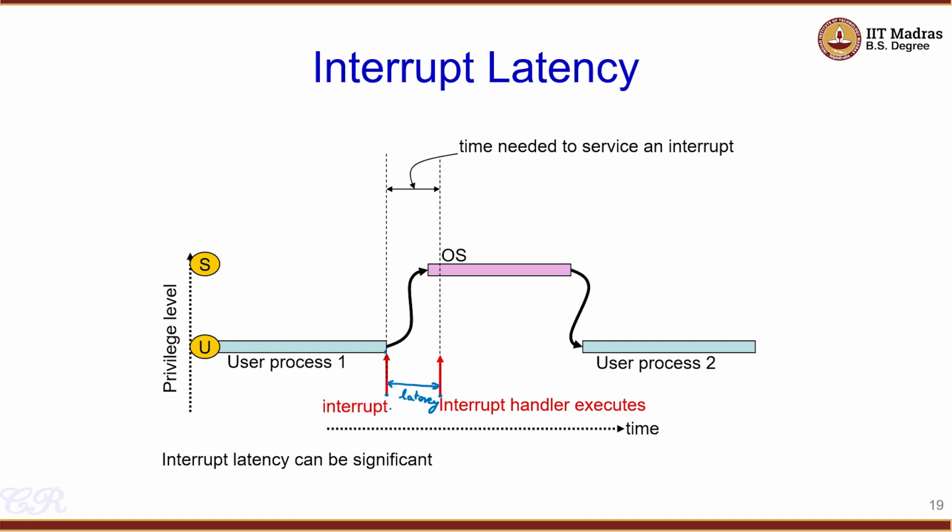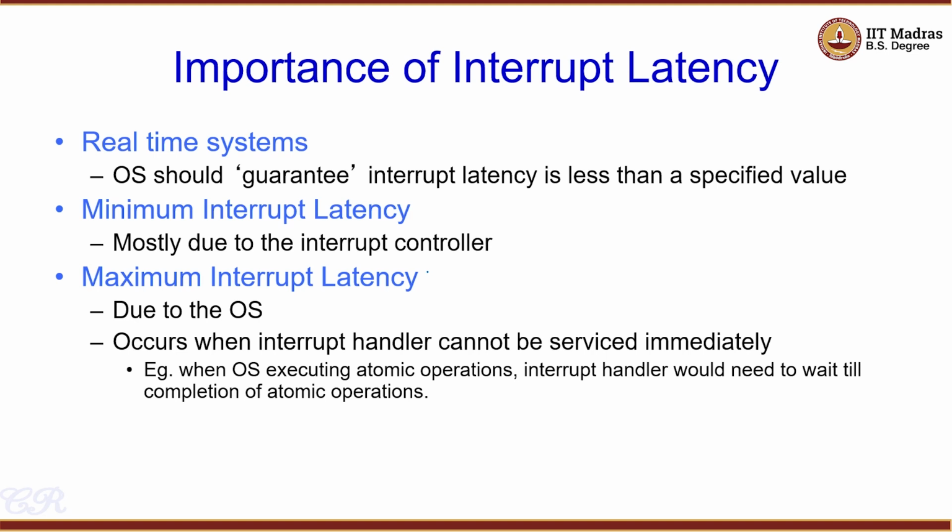During this time, there is a shift from user mode to supervisor mode, there is a saving of context and so on, there is communication with the PLIC to identify which device has raised the interrupt, and finally the interrupt handler executes. Various systems require different considerations for this interrupt latency.